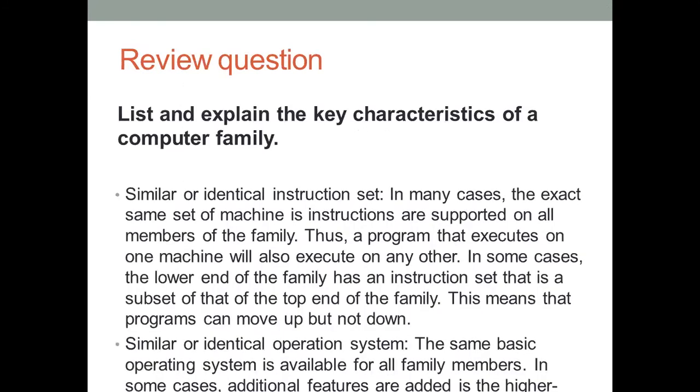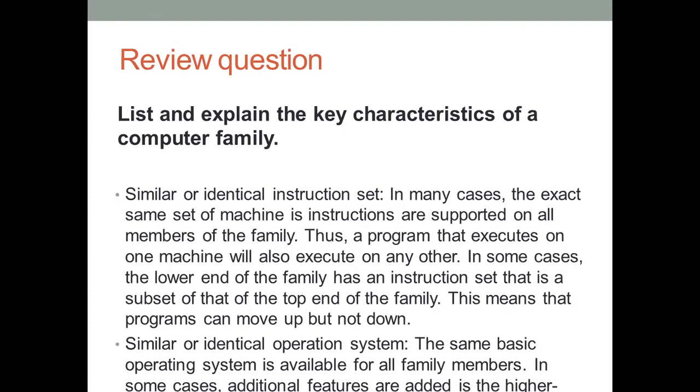Okay, next: list and explain the key characteristics of a computer family. First, similar or identical instruction sets. In many cases, the exact same set of machine instructions is supported on all members of the family.